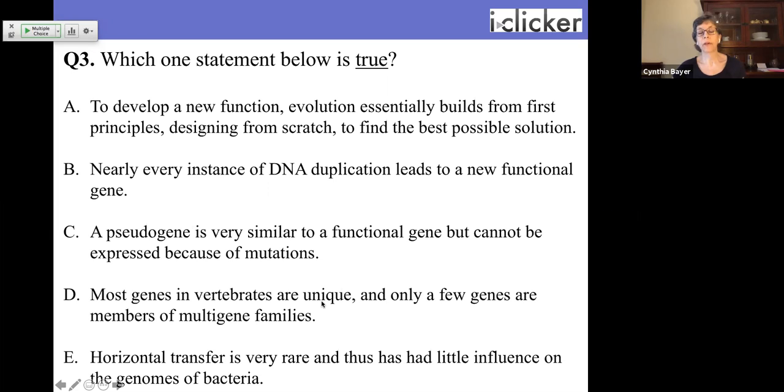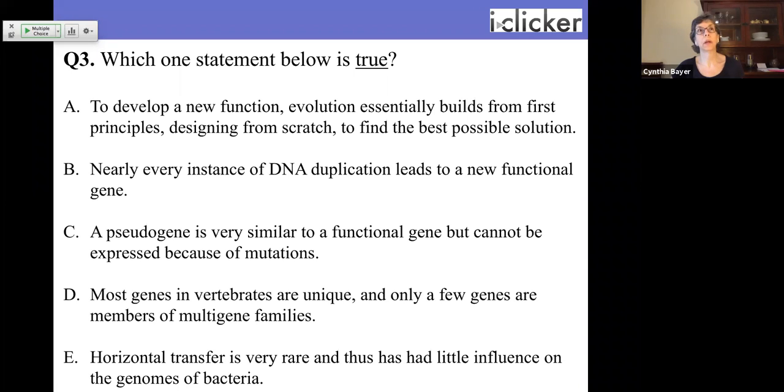Multi-gene families are very common in vertebrates, right? A large proportion of vertebrate genes are part of gene families, such as different types of motor proteins like myosins and kinesins, which are parts of large families. Immunoglobulins arose by gene duplication.